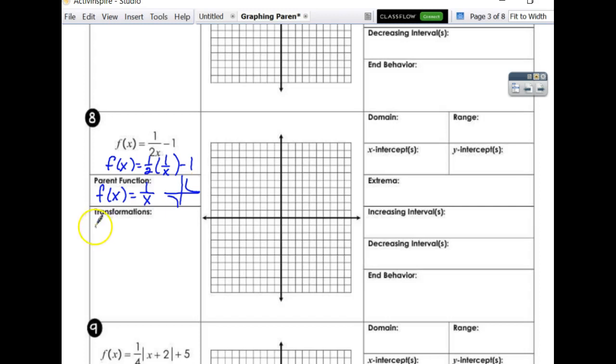So my transformations are going to be a vertical compression of a half.